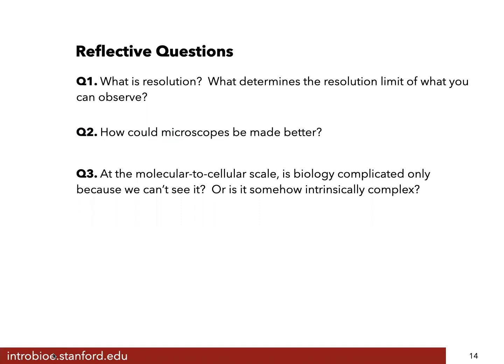Or is biology at this scale, molecules making cells, somehow intrinsically complicated? Even if we could see it with perfect resolution, with perfect sampling rates, like even if you gave me a camcorder, a video recorder that let me see how molecules were making cells with perfect resolution, would it still be complicated? I'm not so sure, honestly. I think it might actually not be that complicated. But what do you think?